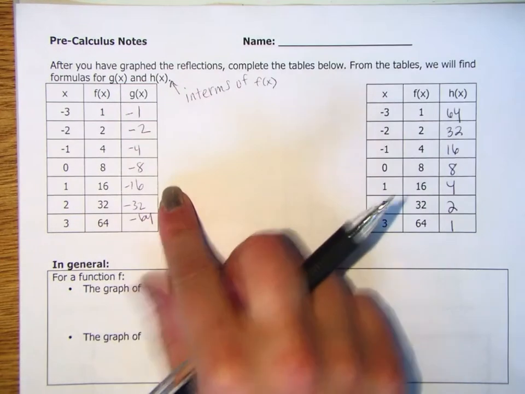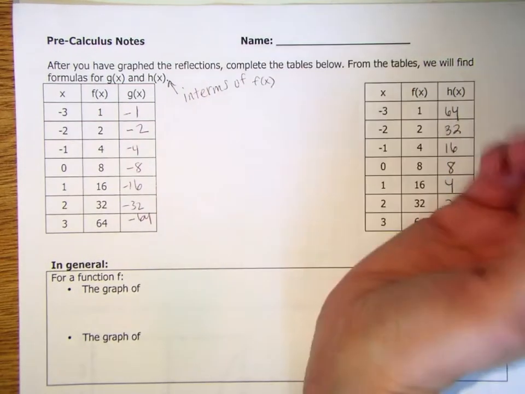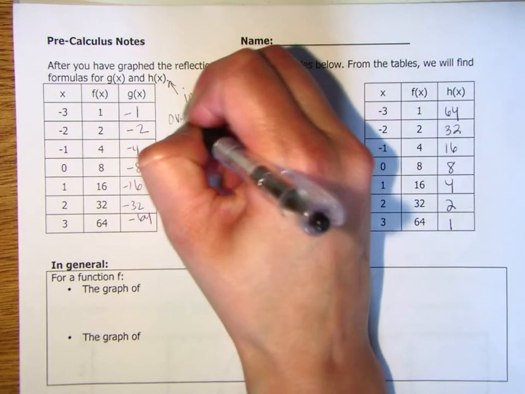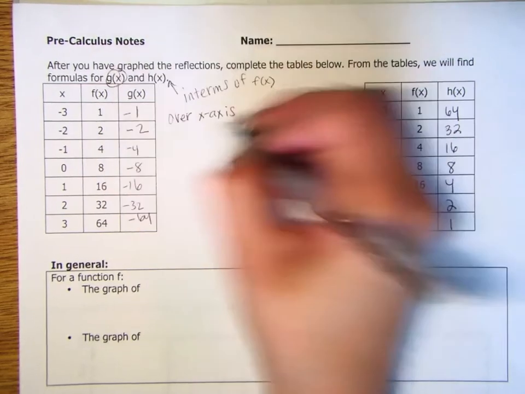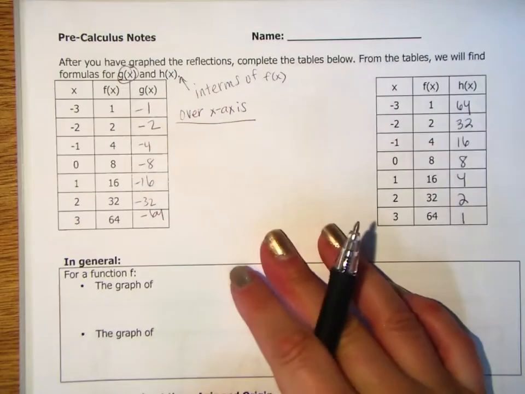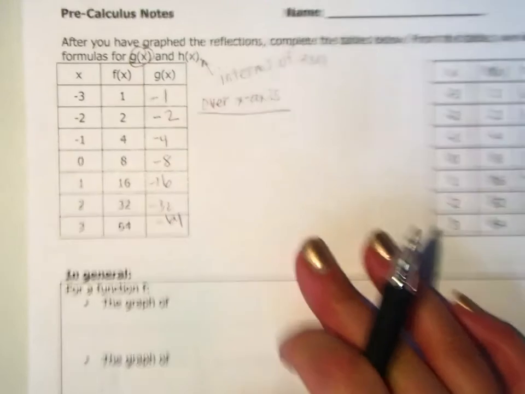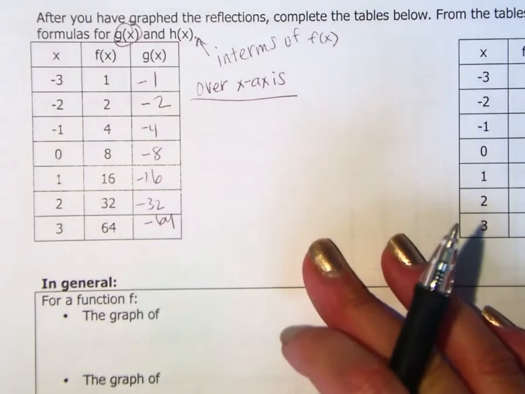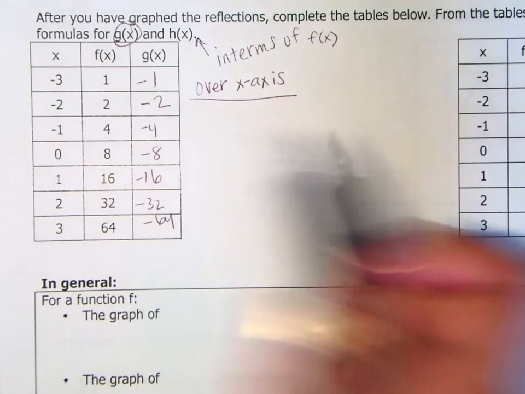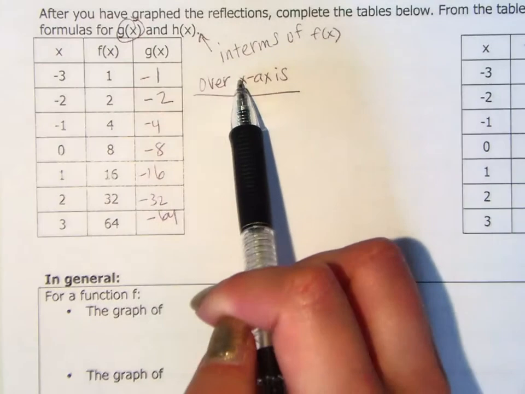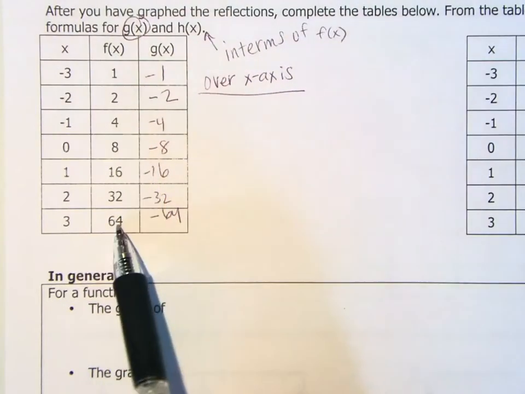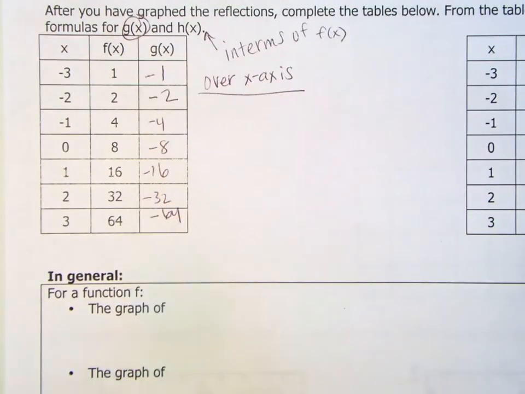Okay, so let's focus first on reflecting over the x-axis, which was g of x. And this might be a little repetitive from what you saw in the first little group activity. But when we reflect over the x-axis, what changes? And I put those f of x values there so you can easily compare them.